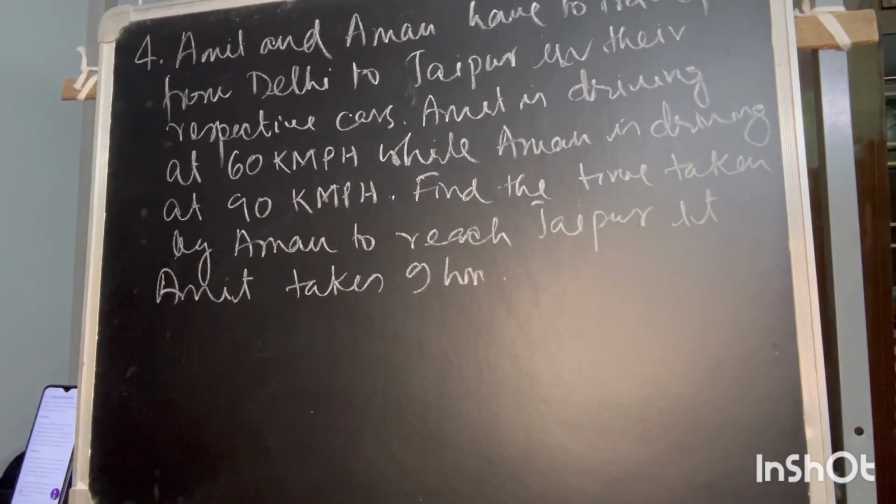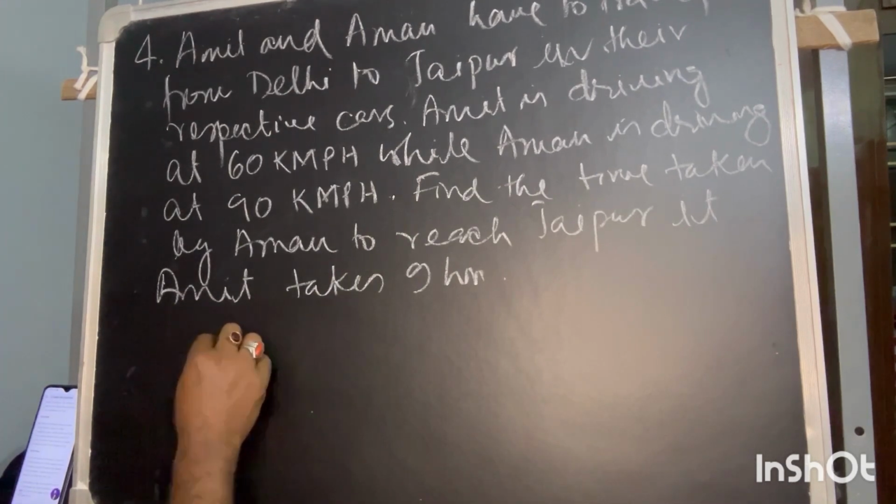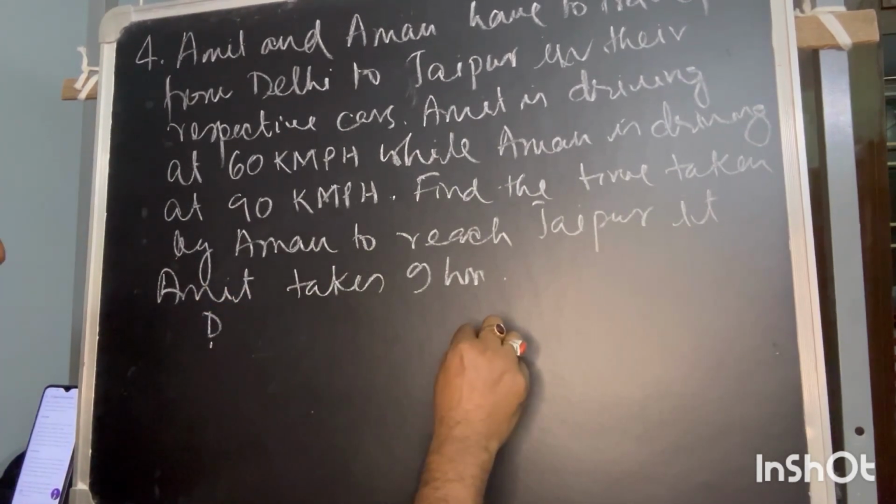Okay, so here two persons are traveling from Delhi to Jaipur.